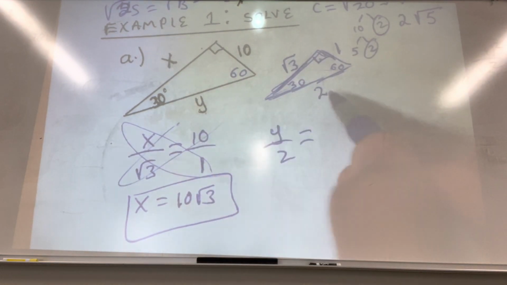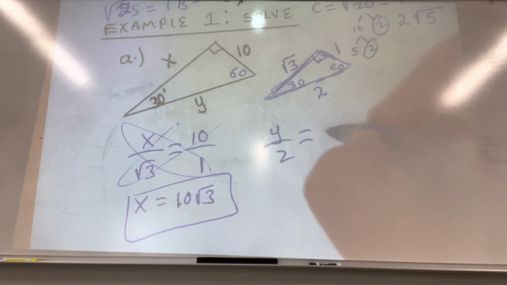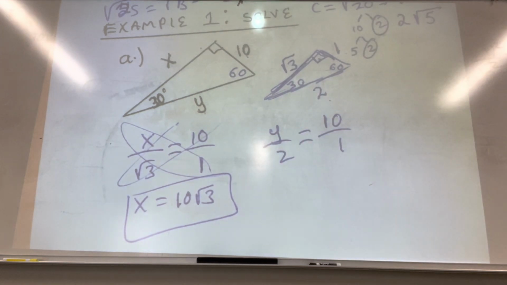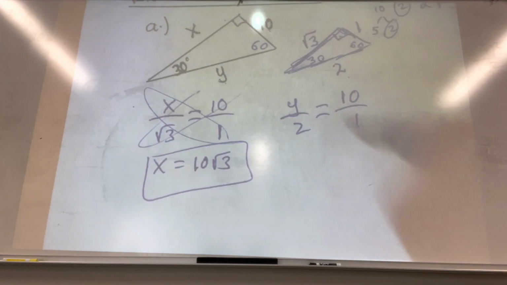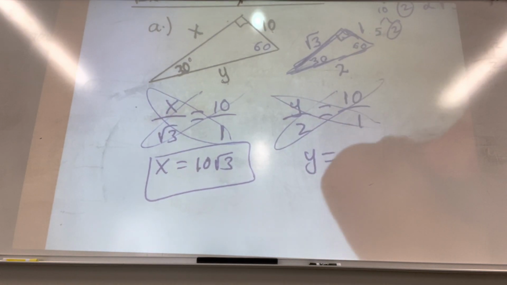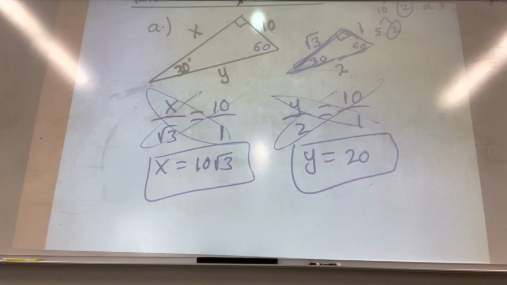So you said y over 2 and then equals to what? Isn't it 10 over 1? Yeah, I can use the same ratio. 10 over 1. My bad. That's all right. Thank you. And we multiply 1 times y is just y. 10 times 2, 20. You good? Yes. All right. Looking at the next one.